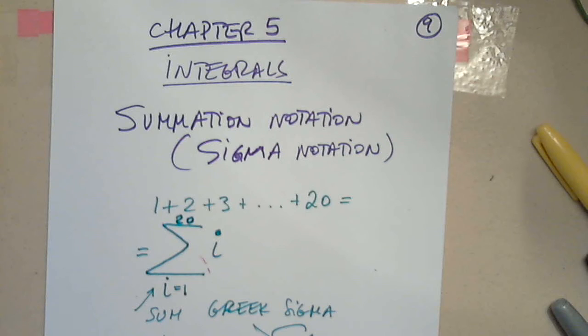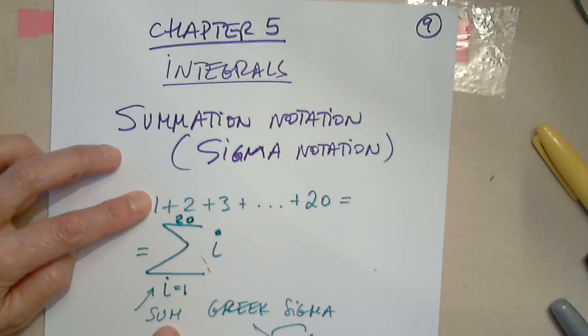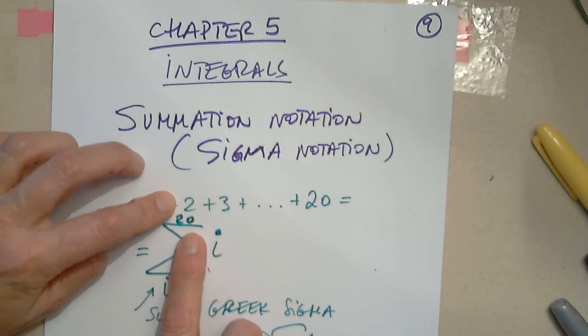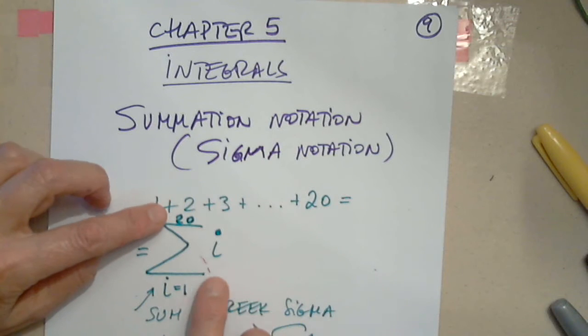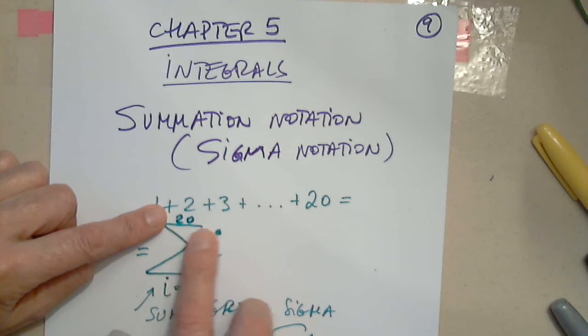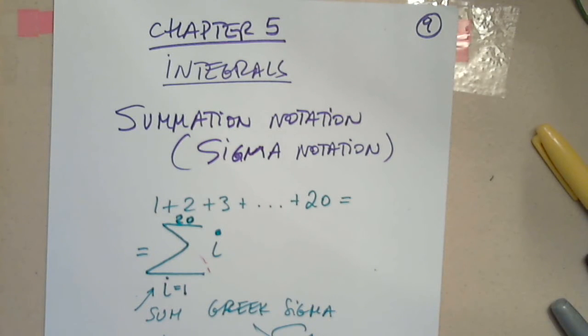Okay, so what does this mean? When i is 1, I have 1. The sum says plus. When i moves on to 2, then I have to add 2. When i is 3, I move to 3, dot, dot, dot. When i is finally 20, I get 20, because that's what I have. So i is the index.